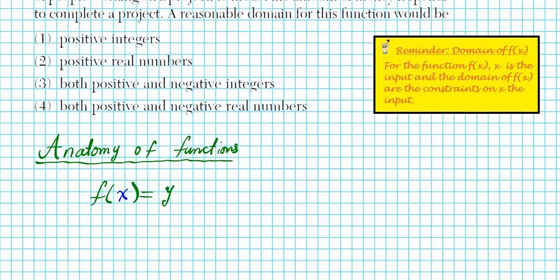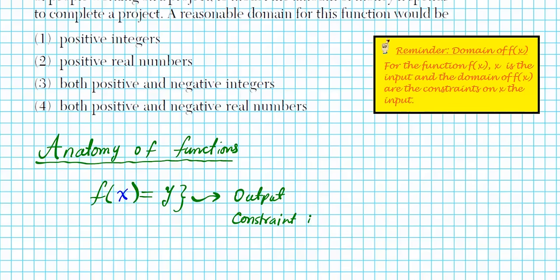Now check this out. This y right here is known as the output. The constraints on the output is the domain.